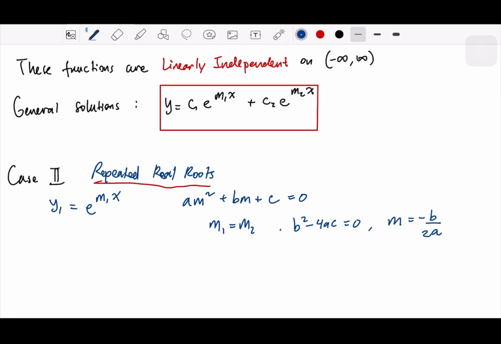So we also need to mention what the second solution y2 will be. To define y2, we are going to use the formulation from reduction of order with y1.